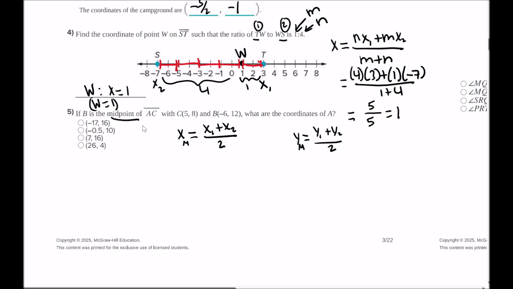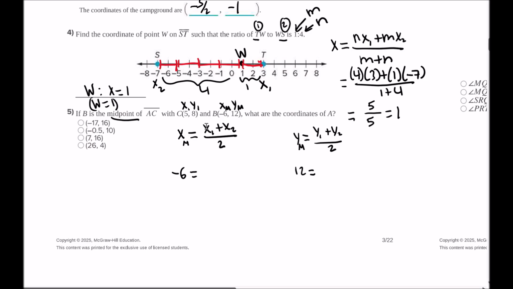Now, they said that B is the midpoint. So that means this is xm, and this is ym. So we're going to plug that in for the midpoint here. We're going to say negative 6 equals, and for the ym, 12 equals. Now C is not a midpoint, so we're going to call C x1, y1.